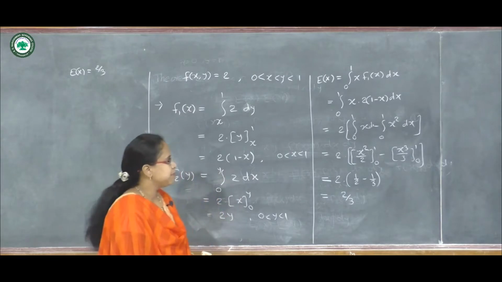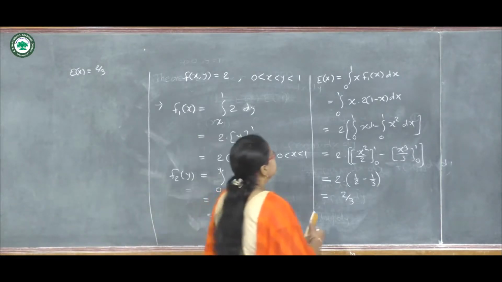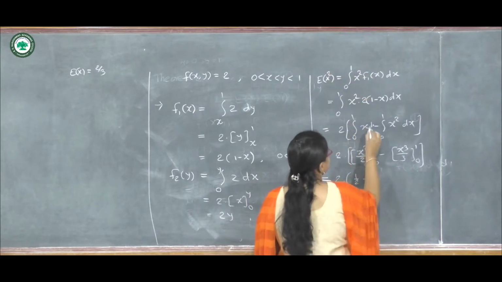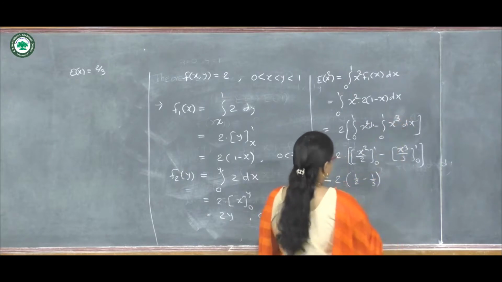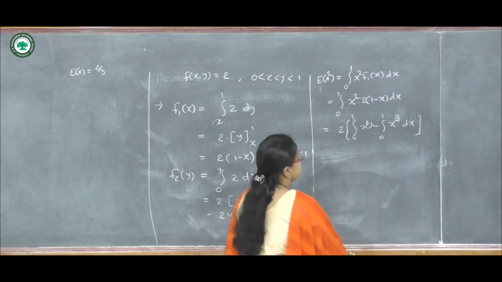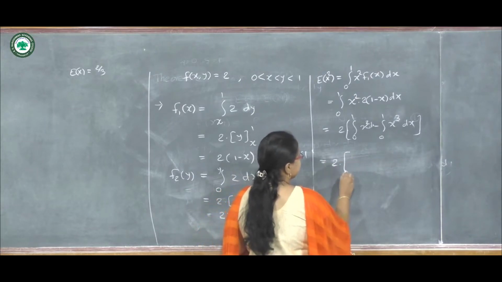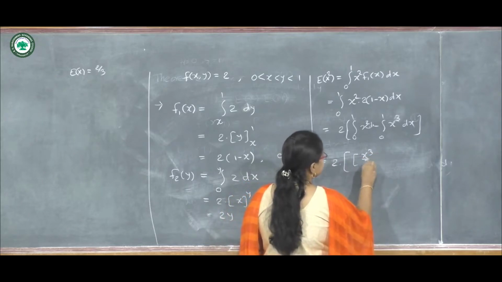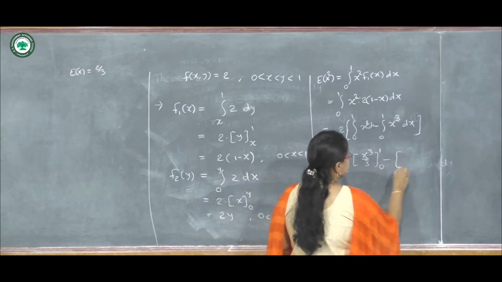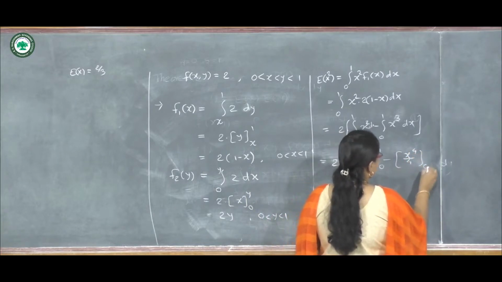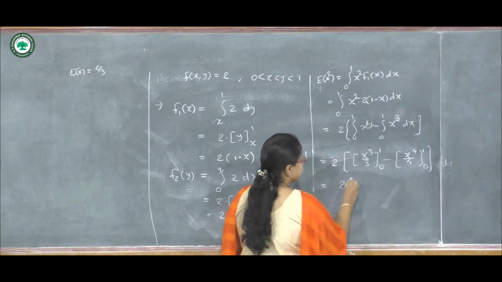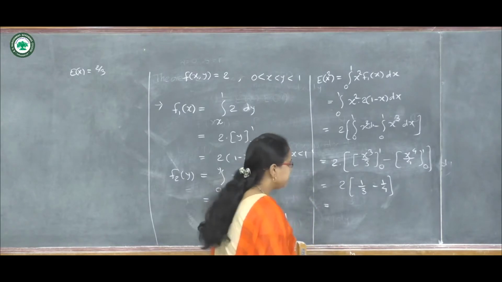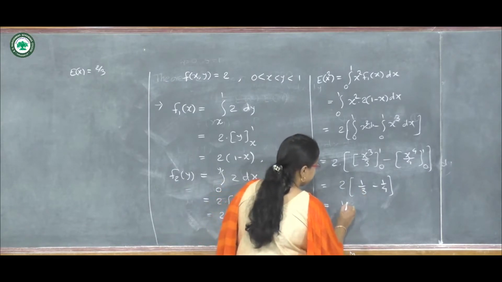Let's find out expected x square. So I will change here only. By solving this, we will get 1 upon 6.